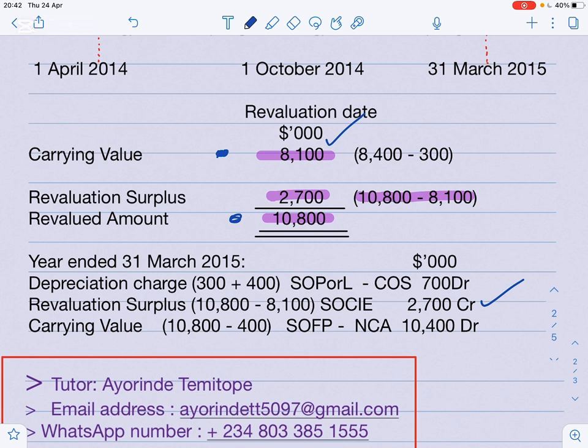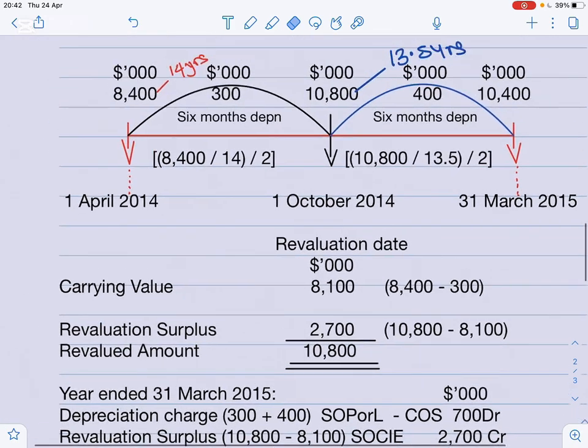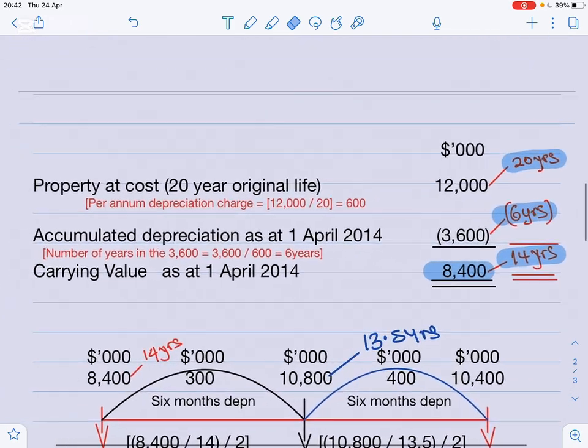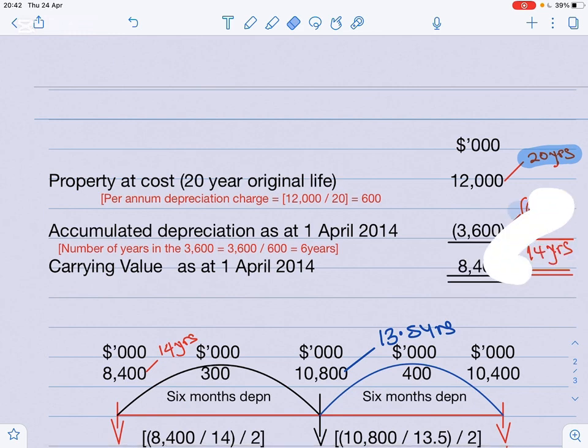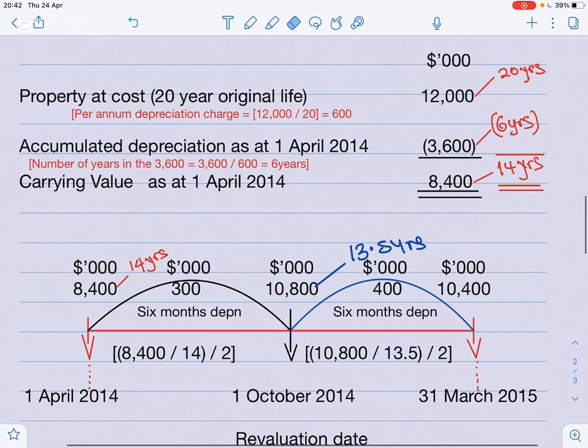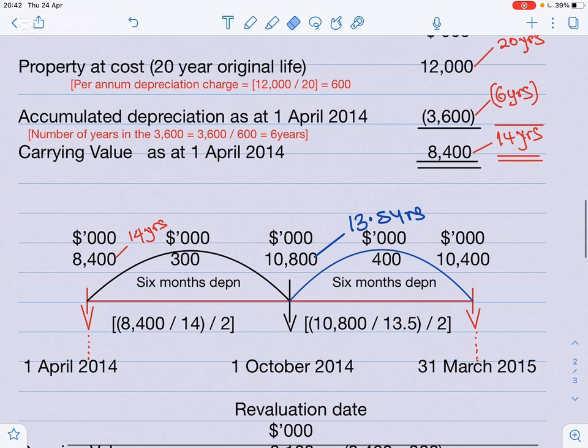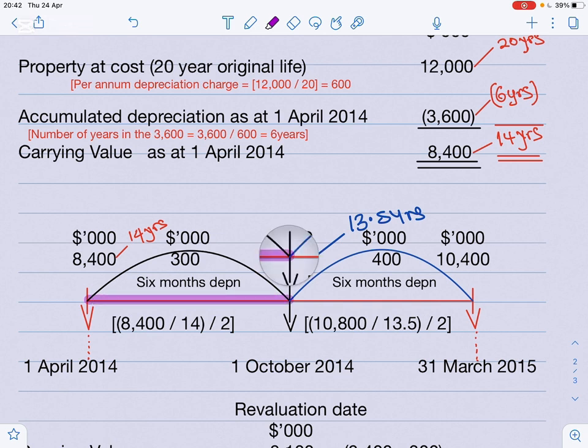Now, there's this other thing the examiner could ask for. Still talking about the same question. So the examiner could ask you that at the end of the year, what will be the current value of this asset? Well, if we can go back to the timeline, we started the year here, and then we had the first 6 months depreciation charge of 300,000.